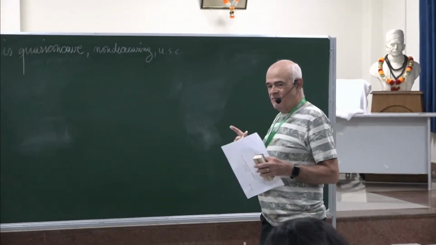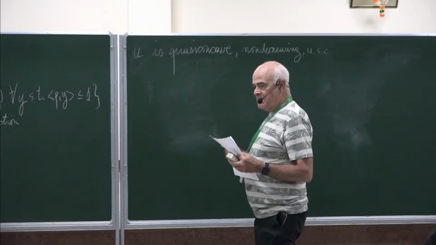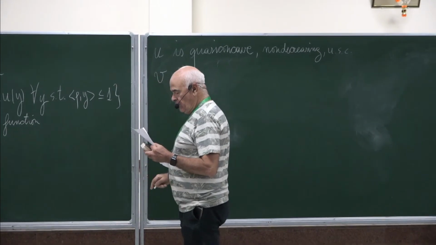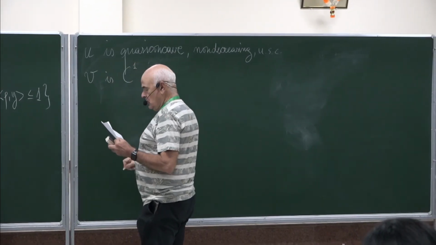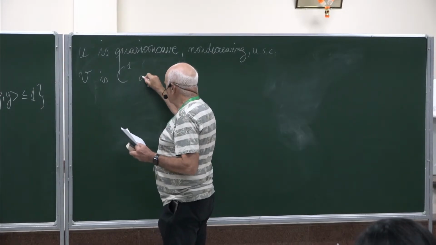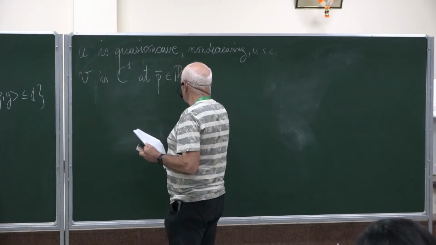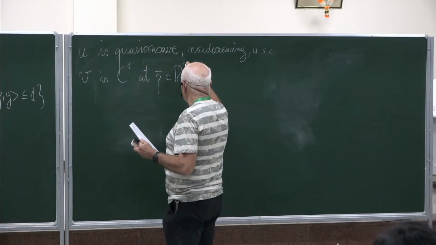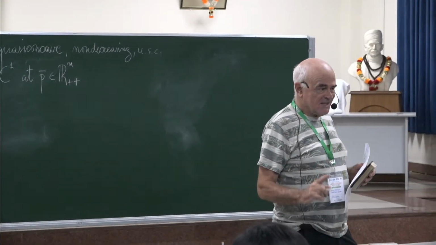Now it comes a very strong assumption, unpleasant in some sense, that the indirect utility function is continuously differentiable at P bar. P bar is a strictly positive price vector.